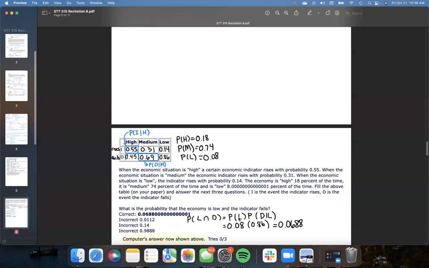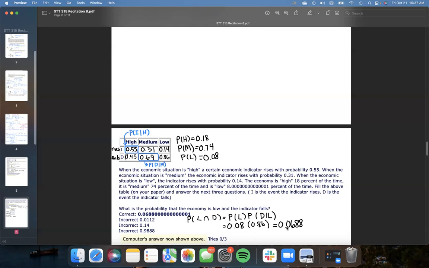In a previous recitation, we learned that the probability of the intersection equals the probability of L times the probability of D given L. So the probability of L is 0.08 and the probability of D given L, the probability that it fails given we're in the low situation, would be 0.86, the lower right-hand corner of this chart.